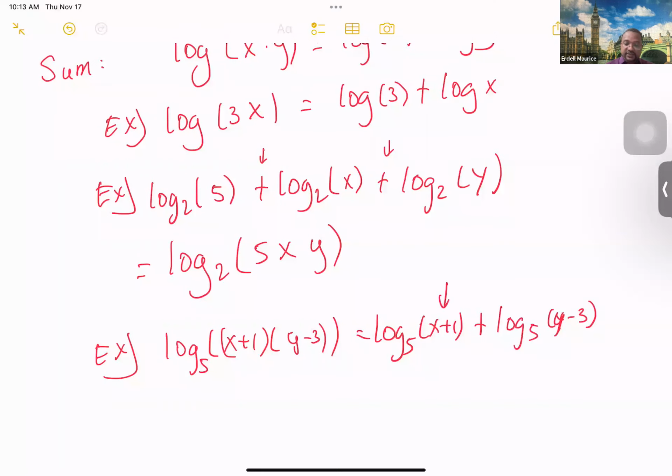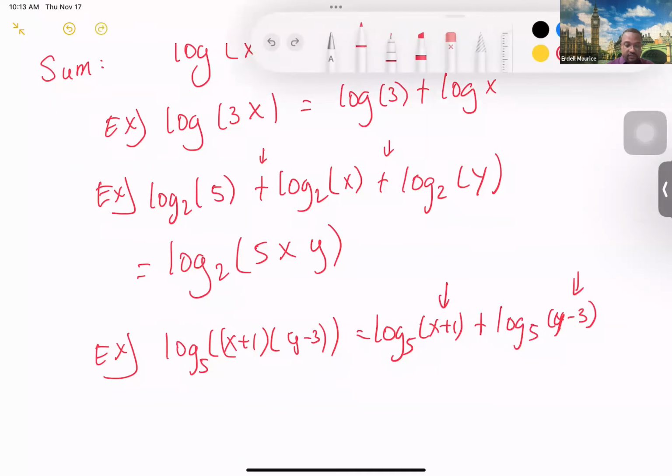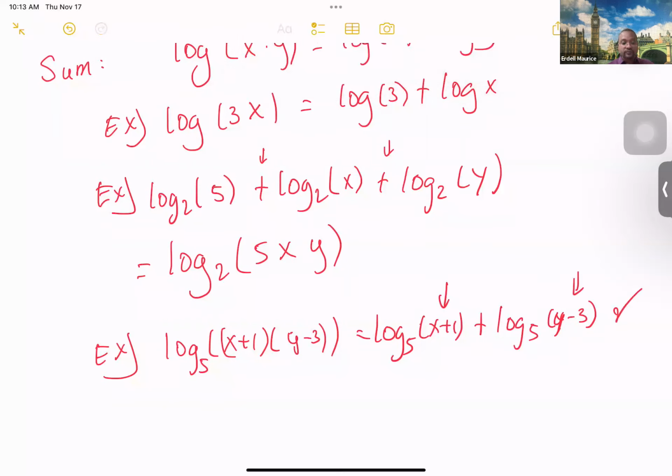Again, I cannot split these because that's not multiplication. You can only split multiplication. You cannot split addition or subtraction. And so this is as far as it goes. Questions there?